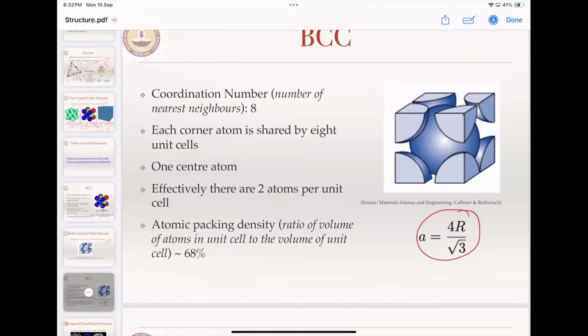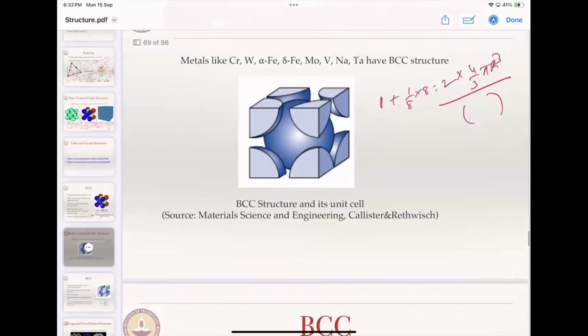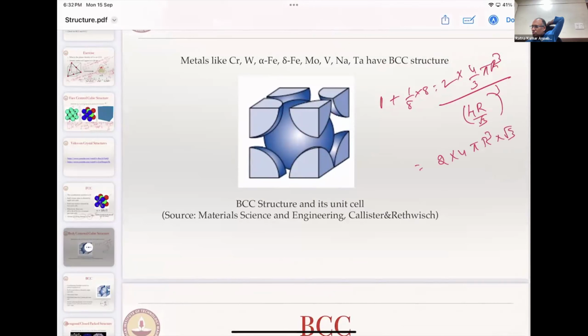Therefore, R is equal to root 3 A by 4, or A is equal to 4r by root 3, whole cube, isn't it? So 2 into 4 pi r cube into root 3 into 3 divided by 4 cube r cube.